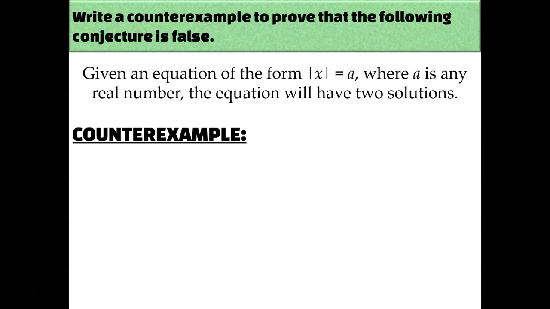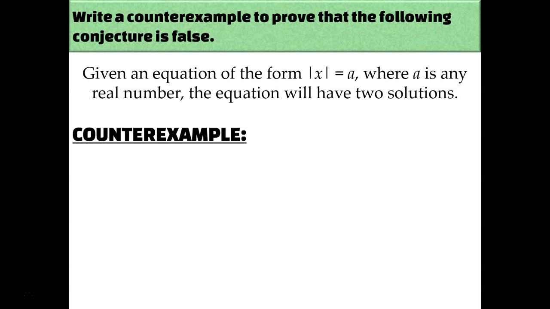If I plug in 4 for a, what could my answer for x be? Well, since absolute values make things positive, x could be positive 4. The absolute value of 4 is 4. But x could also be negative 4, because the absolute value of negative 4 is positive 4. So that's an example. The equation has two solutions.